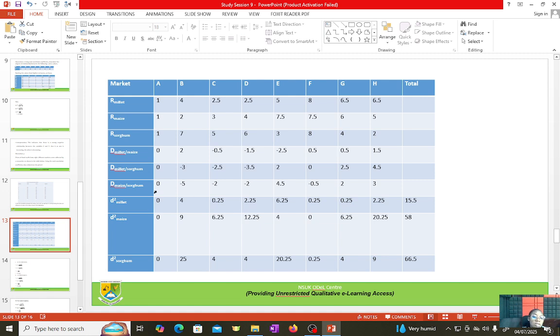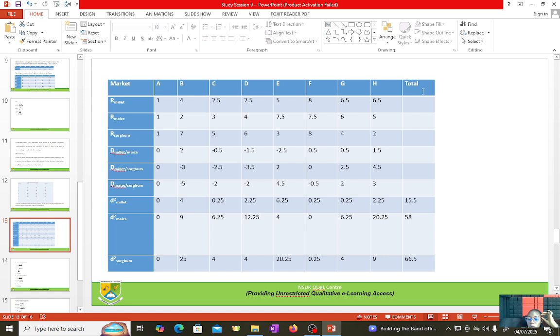These are the differences. Then these columns, the last 3 columns, are the squares of these differences. Then the last 3 rows gives us the squares of the differences.